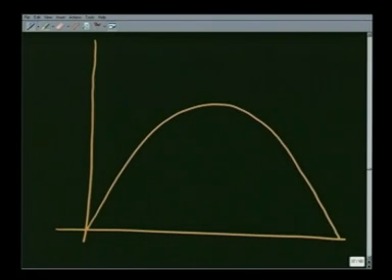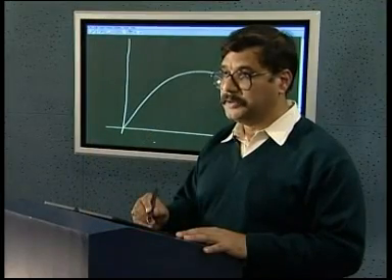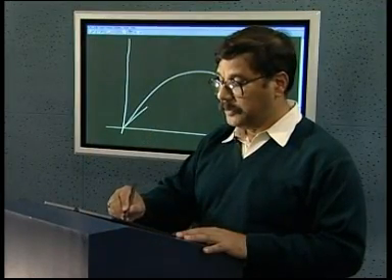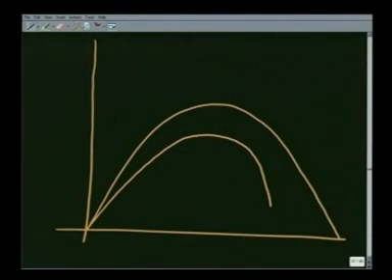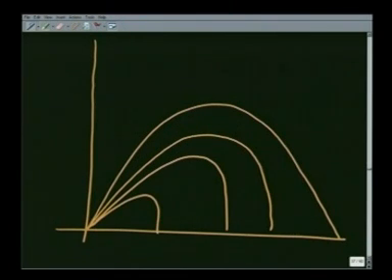However, as k is introduced, that means the drag force comes into play, its height and range both start changing, and I will show you with some numbers how it changes for different parameters.